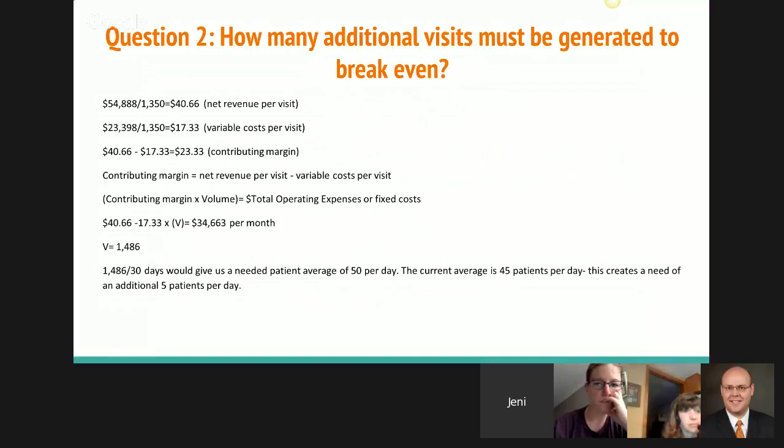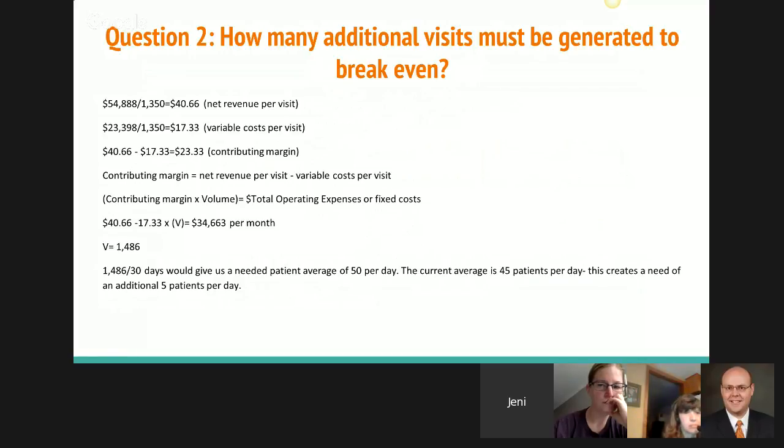Multiply that by V for volume to equal the total fixed cost of $34,663 per month. We solve for V, which gives us a break-even point of 1,486 visits. We divide that by 30 days, and that gives us a needed average of 50 patients per day to break even.